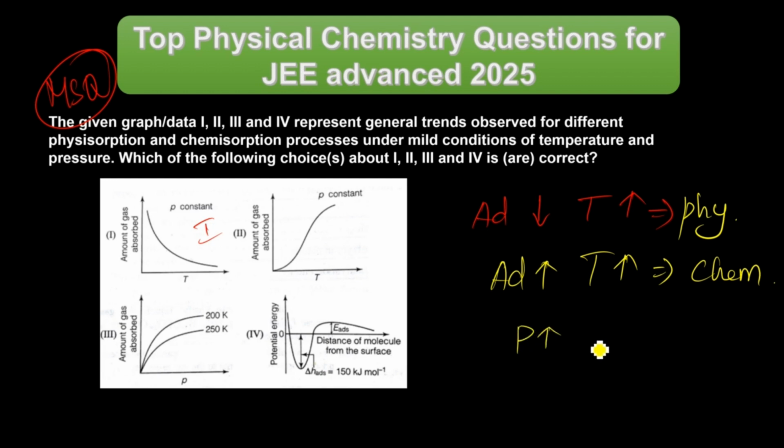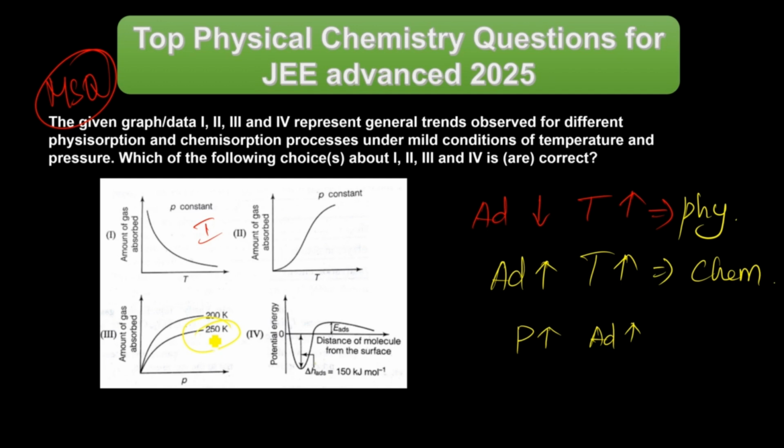As pressure increases, the amount of gas adsorbed also increases, but at higher temperature the adsorption is getting decreased. No, that won't be possible. This is not chemisorption or physisorption.